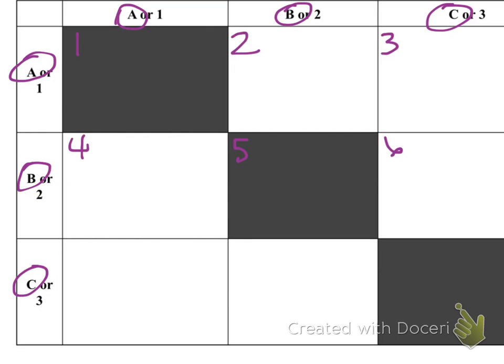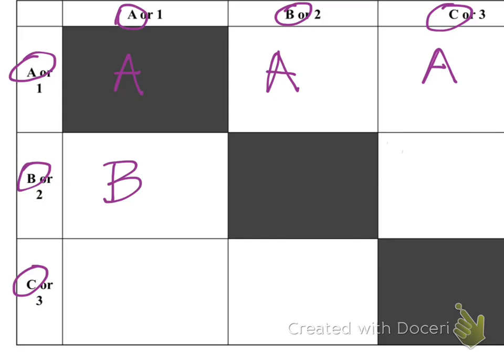You're going to set it up just like this. To determine what you're going to place in each box, you look at what's on the top and what's on the side. So for this row, you will put A in the 3 wells across. For this row, you'll put B in the 3 wells across. For this row, you'll put C in the 3 wells across.